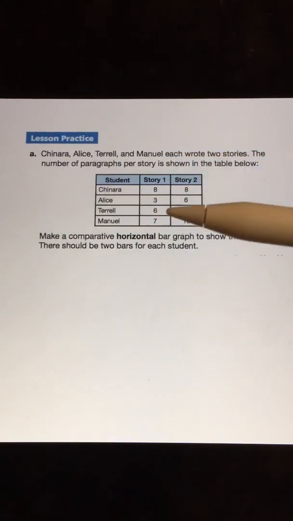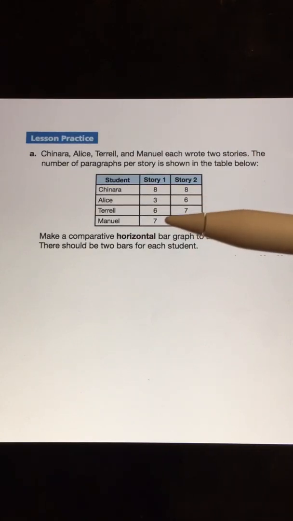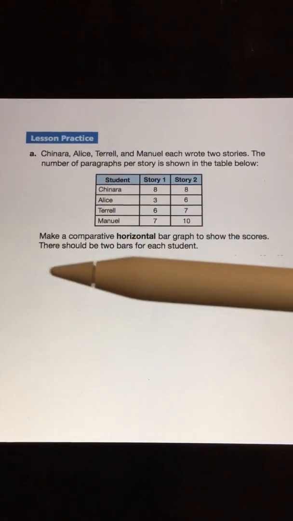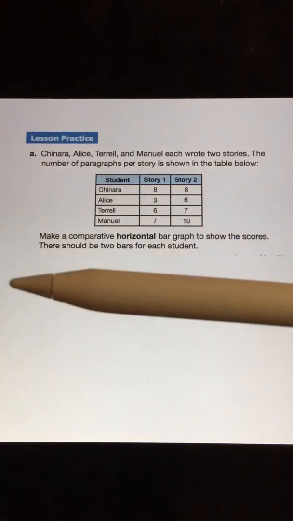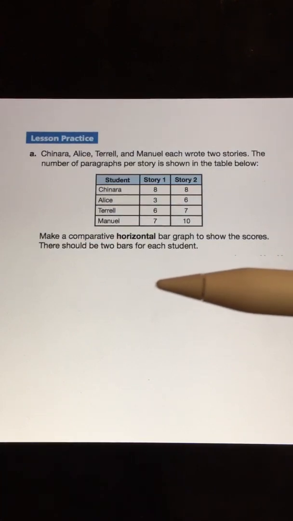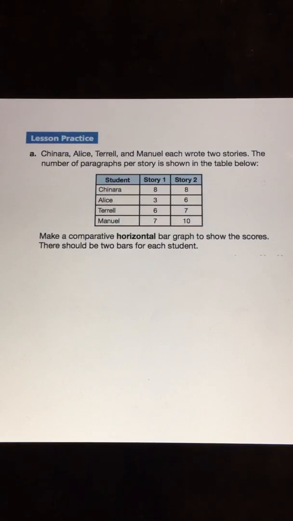Alice wrote 3 for story 1 and 6 for story 2. Terrell wrote 6 for story 1, 7 for story 2, and Manuel wrote 7 for story 1 and 10 for story 2. Our directions are to make a comparative horizontal bar graph. There should be 2 bars for each student.